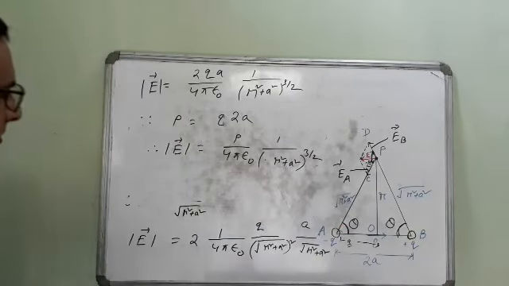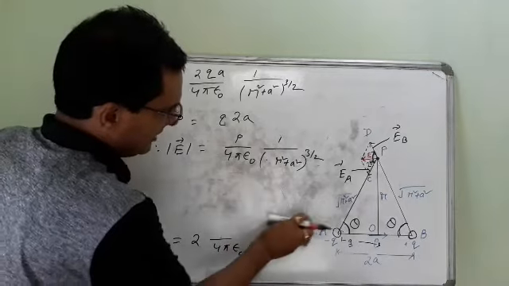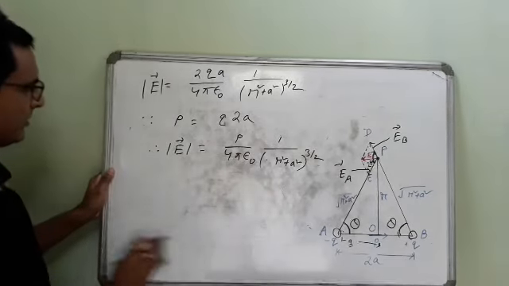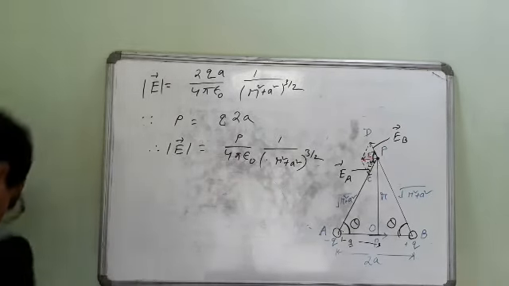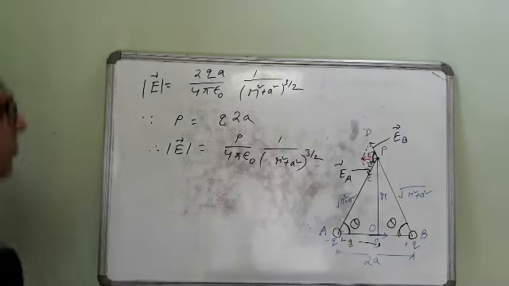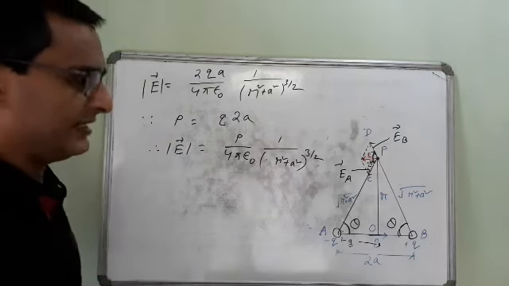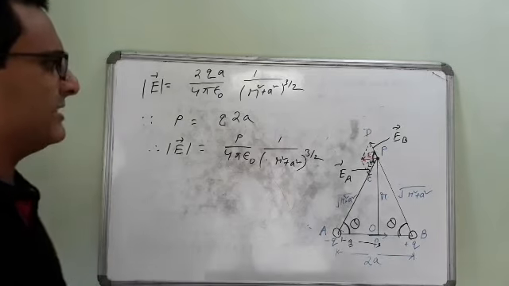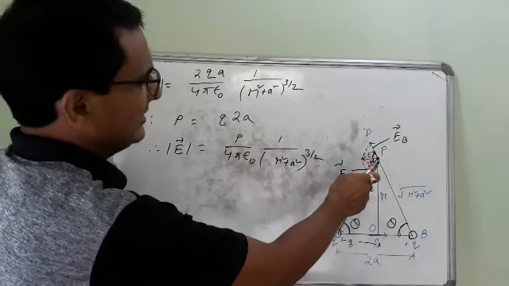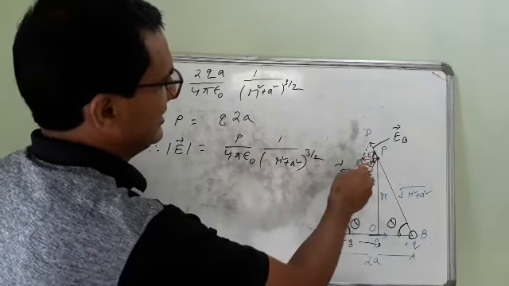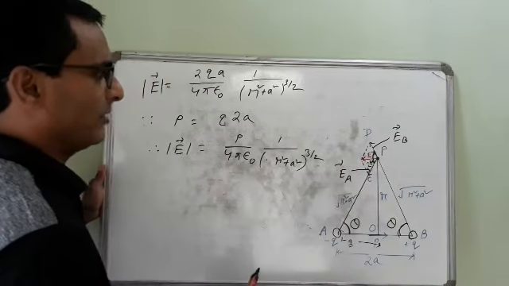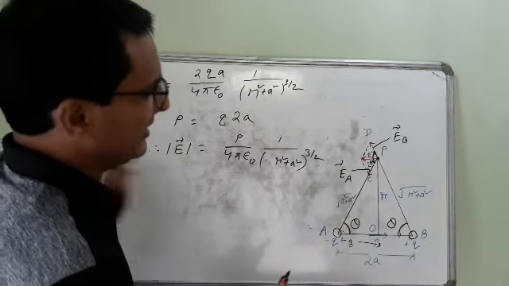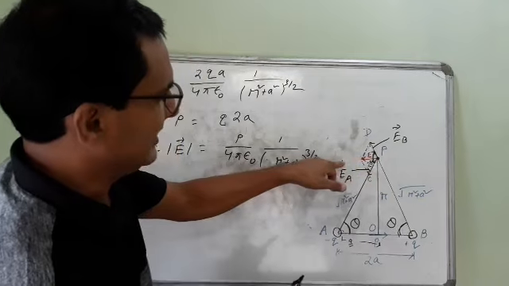Now you see, what is the direction of the electric field? The direction of the electric field is the direction of the resultant E. In the figure it is shown that it is in this direction.